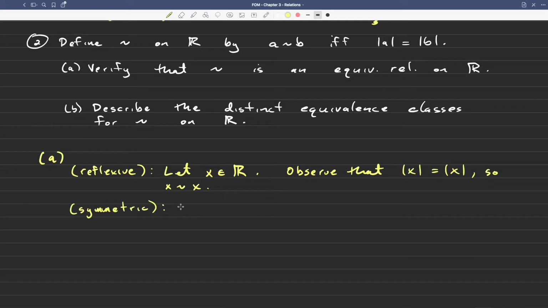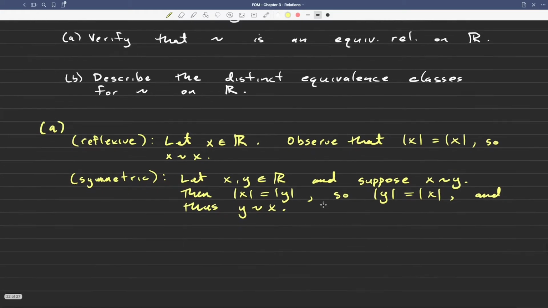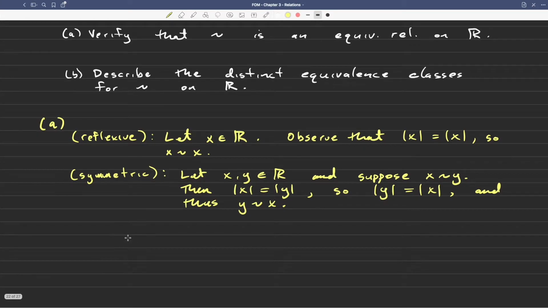Symmetry. Here we have to take two arbitrary elements in our set and suppose that they are related. Then that tells us that the absolute value of x equals the absolute value of y. So the absolute value of y is equal to the absolute value of x because we know that equality has the symmetry property, and thus we end up with y is equivalent to x. So we started with x equivalent to y, we found out y is equivalent to x, and then we'll check transitivity.